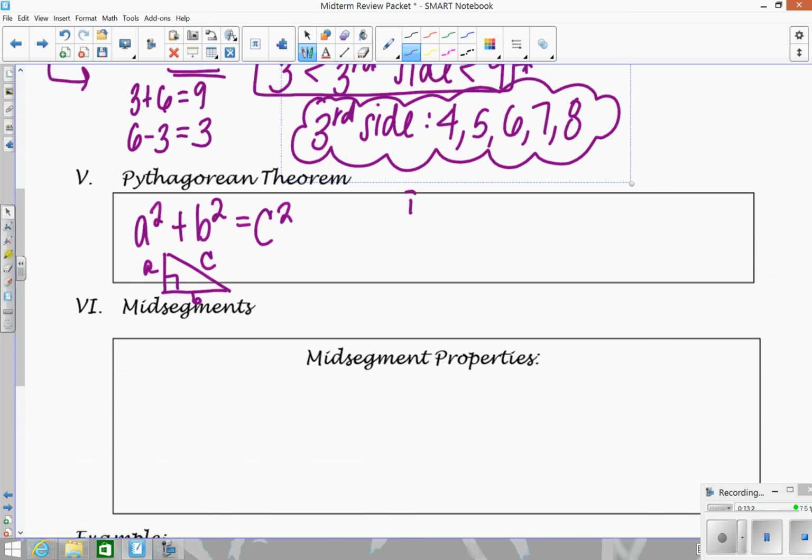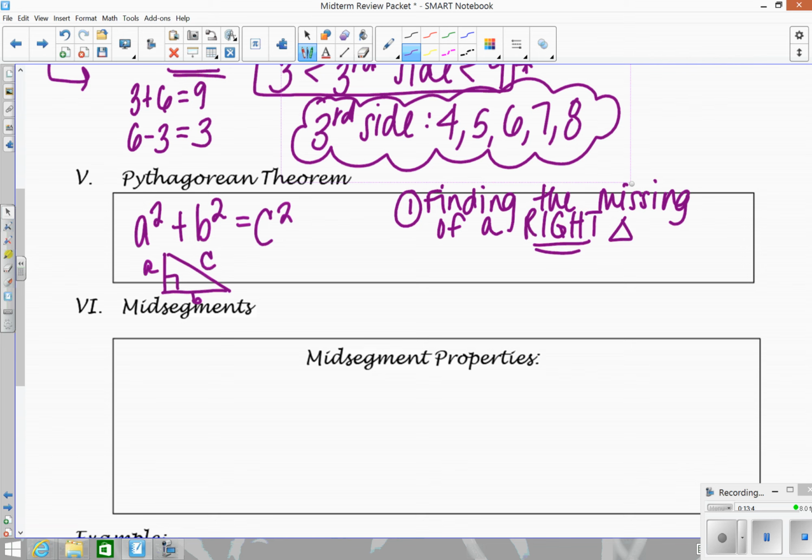And the Pythagorean theorem can be used for two things: finding the missing side of a right triangle, and it can only be used for right triangles, or it can be used to check to see if you have a right triangle.